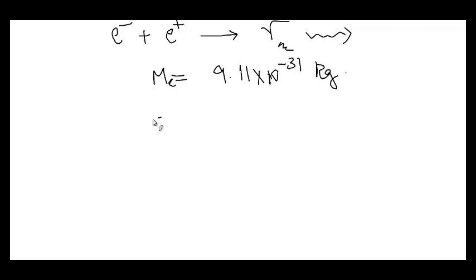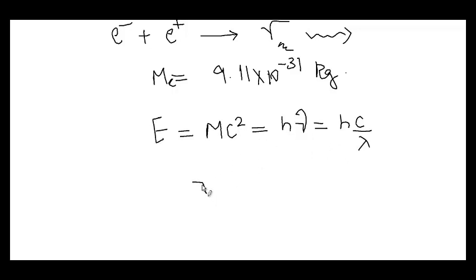So you know E is equal to mc square. This is also equal to h nu, which can be written as hc by lambda. Fine. So all that I have to do is cross multiply this.